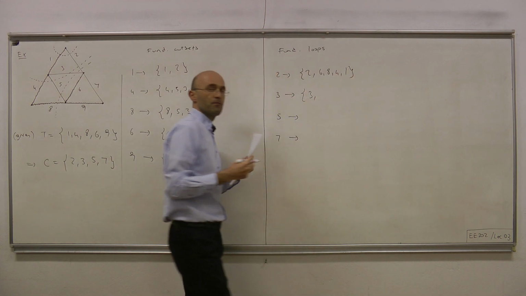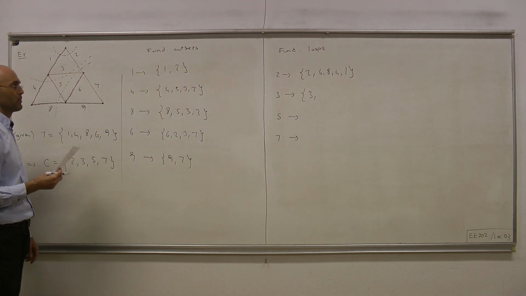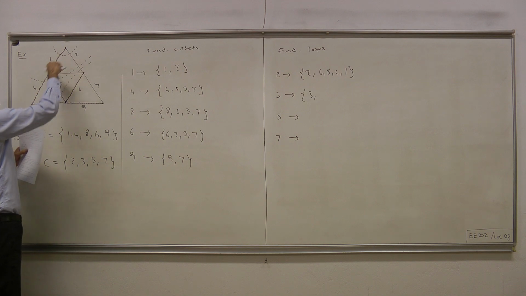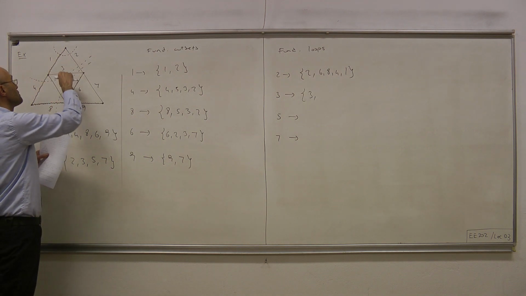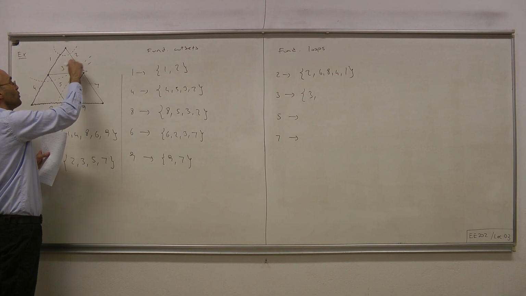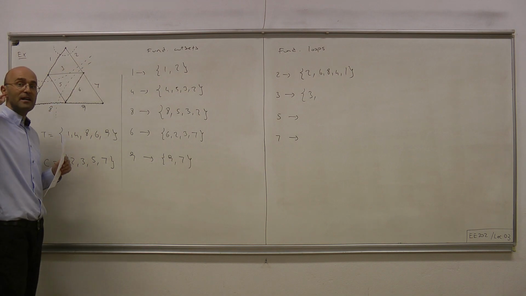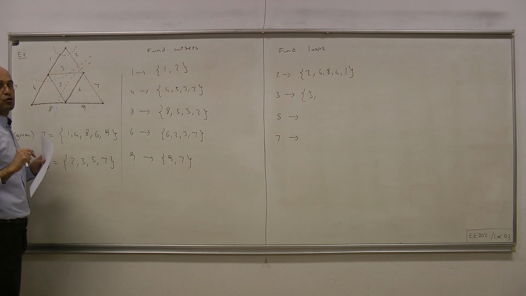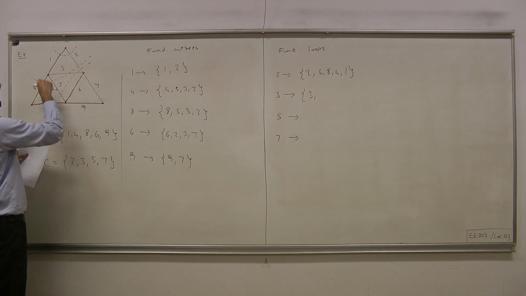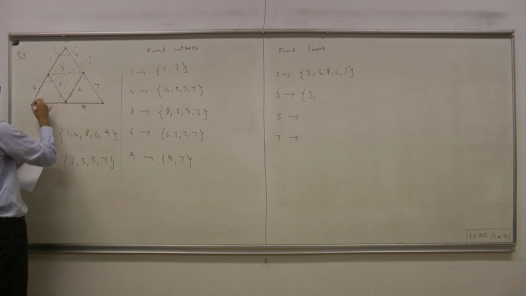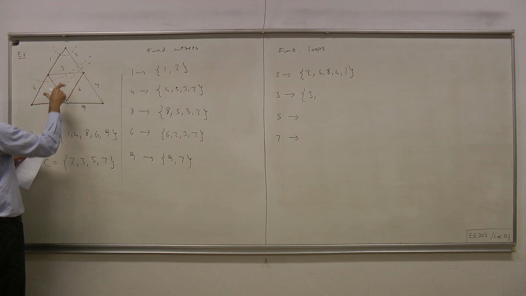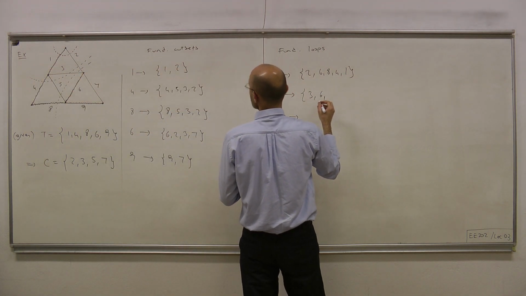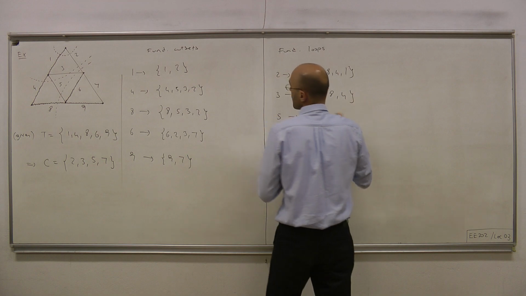Then, as for Cotree branch 3, we have this 3. Note that 3, 2, 1 makes a loop, but that's not a fundamental loop because it contains 2 Cotree branches, 3 and 2. But we need only one Cotree branch, and it's 3. So there's only one choice, and that's 3, 6, 8, and 4. Okay. So this loop is our fundamental loop.